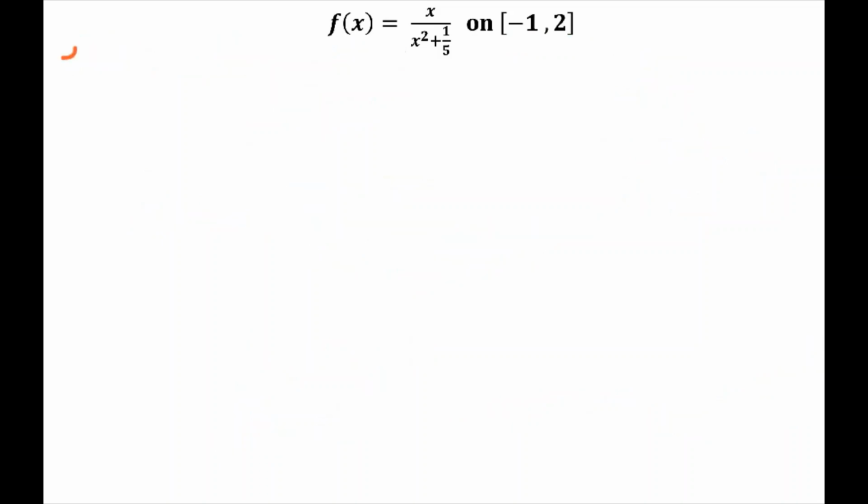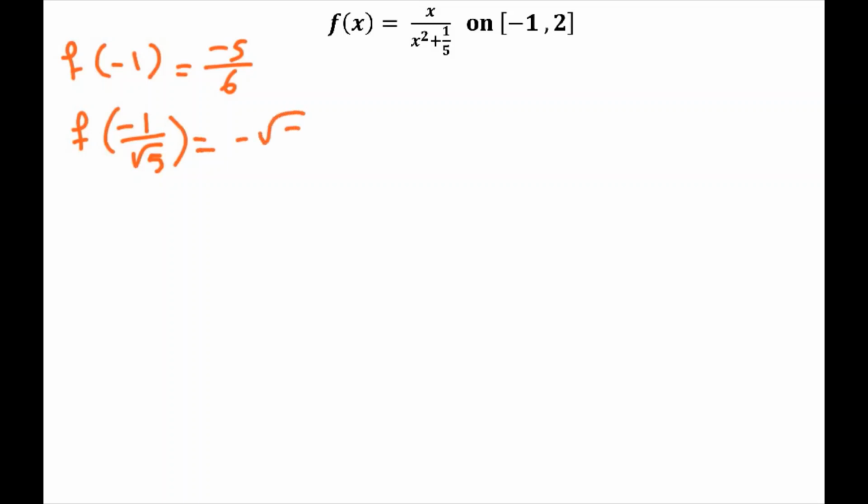Now I need to find f of negative 1, the end point, and that's going to be negative 5 over 6. Then f of negative 1 over square root of 5, substitute, it will be negative square root of 5 over 2. Then f of 1 over square root of 5, and it's going to be square root of 5 over 2.